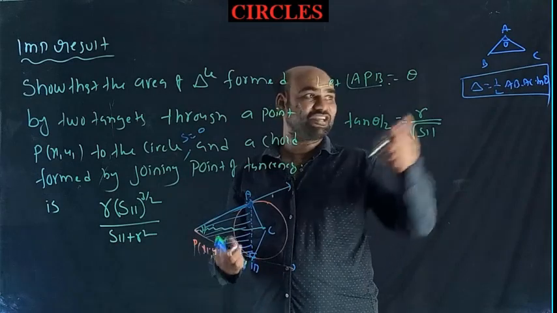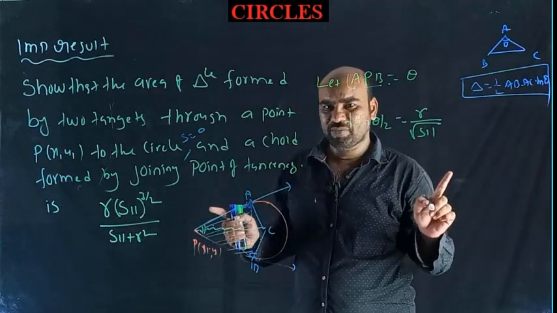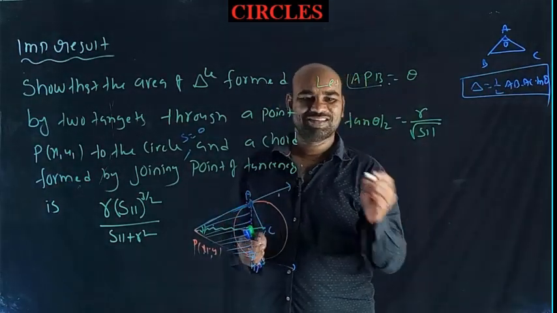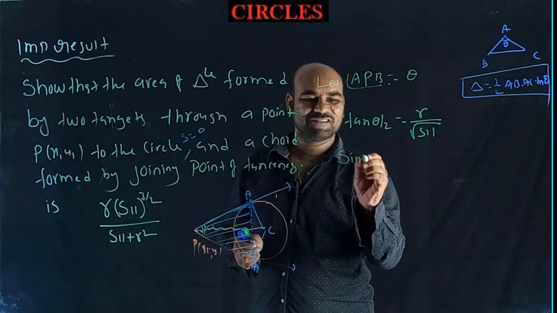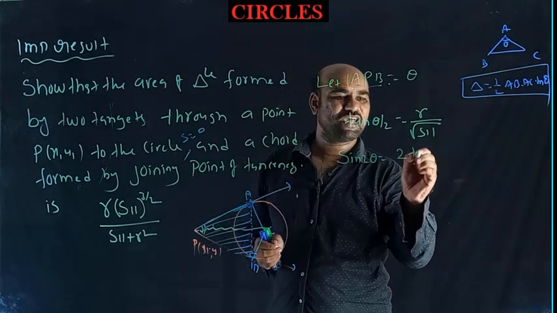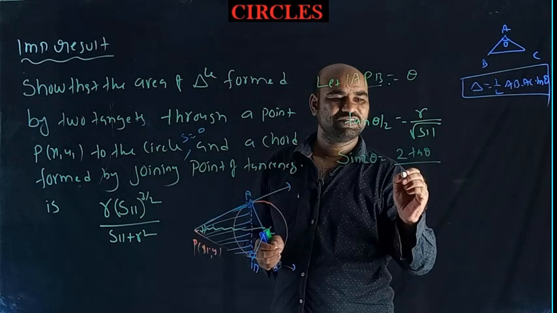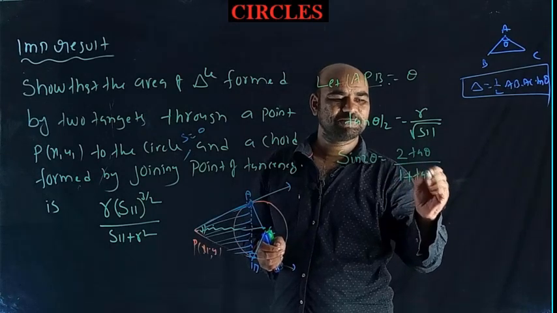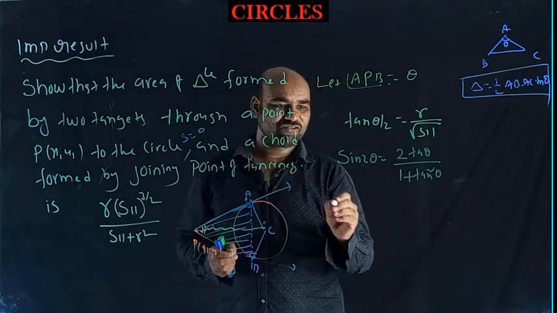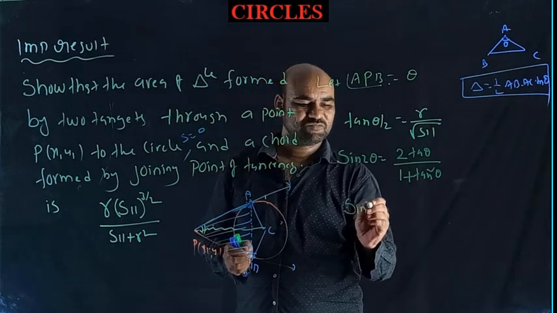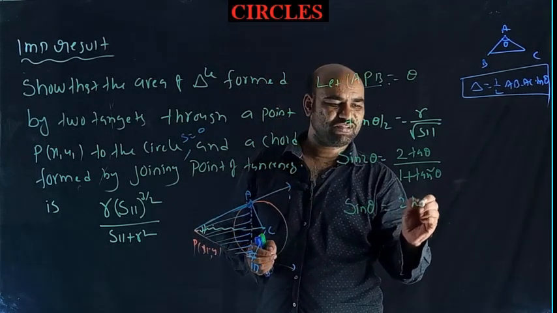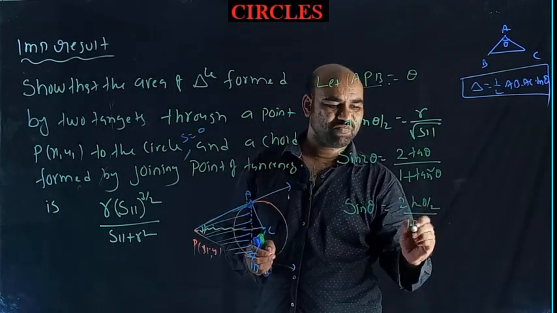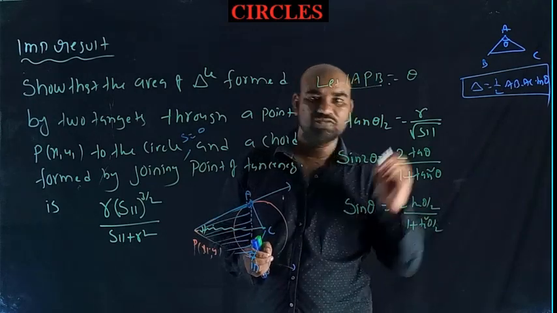But I want sin theta. I don't want tan theta by 2. So we have the sin 2 theta formula equal to 2 tan theta by 1 plus tan square theta. But I want sin theta only. Sin theta, with the half angle, is 2 tan theta by 2 by 1 plus tan square theta by 2.